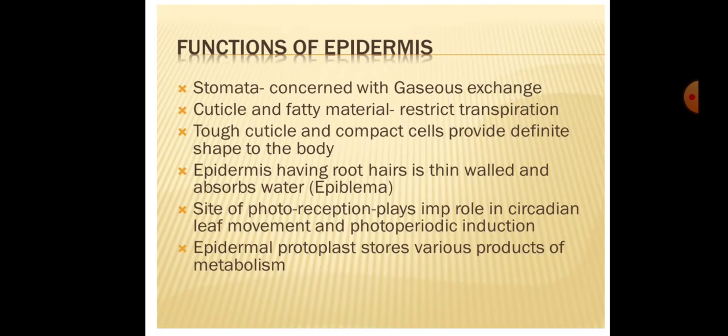Stomata, a very important part of epidermal tissue, are concerned with gaseous exchange. Cuticle and fatty material restrict transpiration. Tough cuticle and compact cells provide definite shape to the body of a particular plant.